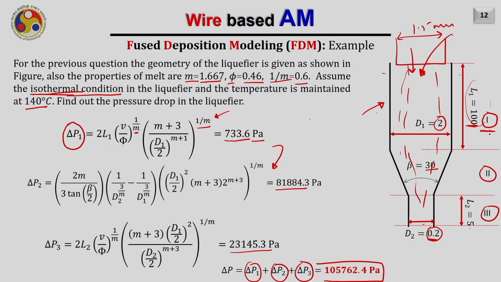Please note that this calculation is for the steady state, not when you are suddenly changing the velocity. We have already discussed, if you suddenly change the velocity, the condition will not remain isothermal inside the melt or inside the liquefier. In that case, the temperature will be less in the beginning of the liquefier and it will be more in the end, and the thermocouple will take some time to provide sufficient heat into the melt to bring the isothermal condition back.